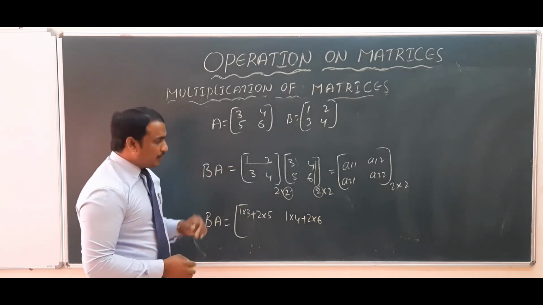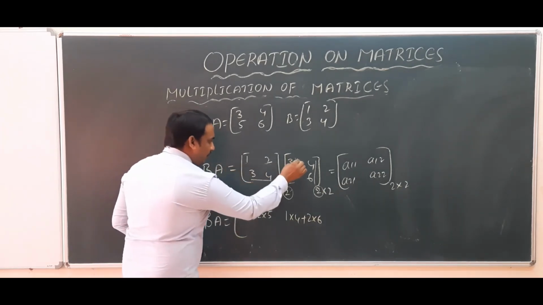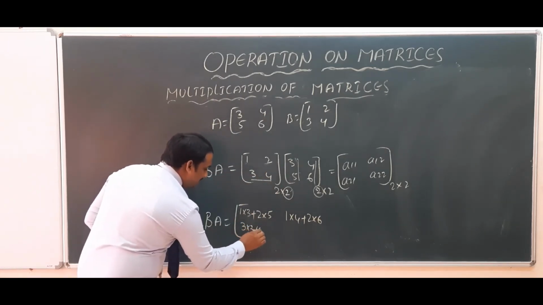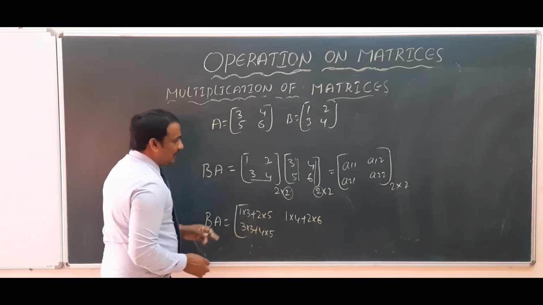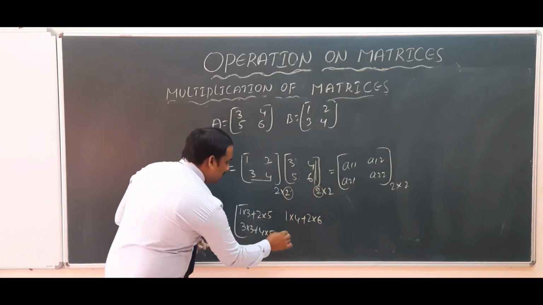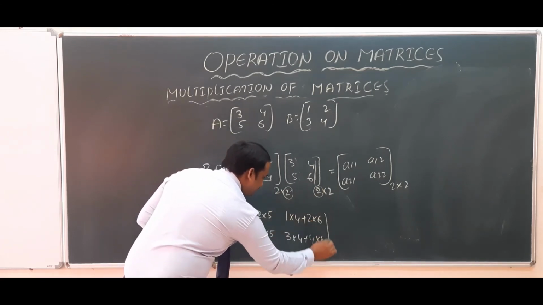That is the A12 element. Next A21. A21 is here second row, first column: 3 into 3 plus 4 into 5. Next A22. Second row, second column: 3 into 4 plus 4 into 6.